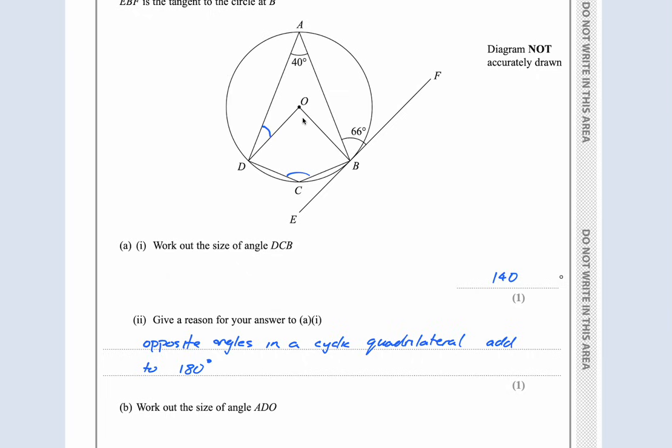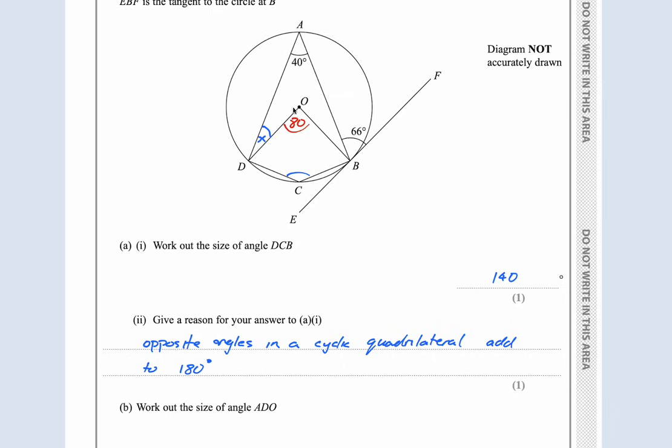Okay, that, guys, is not particularly easy. Okay, I'm going to call this angle x. Okay, we have 40. One angle I can put in, guys, is this. This is 80. Now, how do I know it's 80?